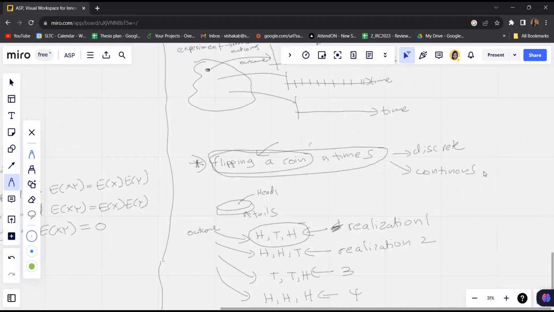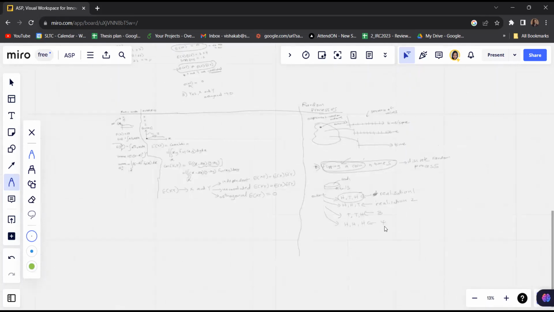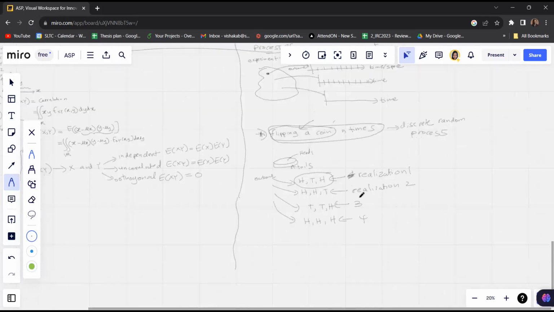So the flipping a coin process is a discrete random process, which produces a discrete sequence of values. Apart from that, we can consider continuous random processes.